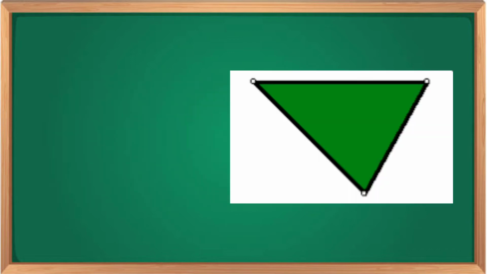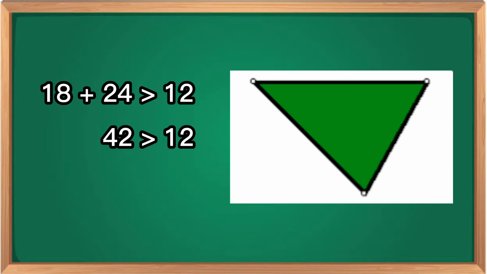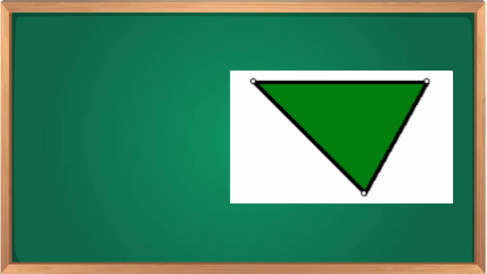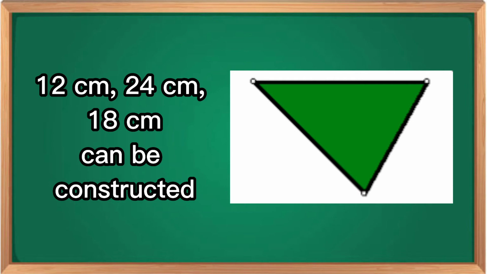But how about this? Is 18 plus 24 greater than 12? Yes, you're right, because 18 plus 24 is equal to 42, and 42 is greater than 12. Therefore, a triangle whose sides are 12 centimeters, 24 centimeters, and 18 centimeters can form a triangle.